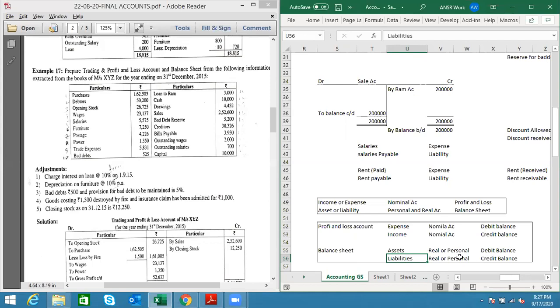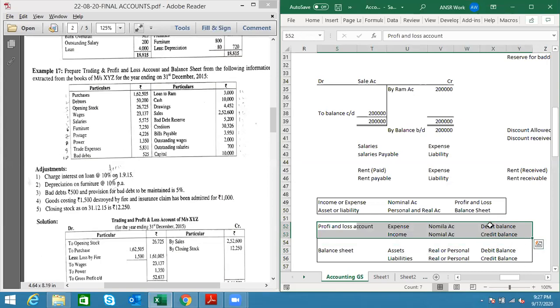This is representing all the items that come in the profit and loss account, including tax. Whatever item is posted in the profit and loss account will be either an expense or an income. Income tax is an expense, and that expense will definitely be a nominal account, whether it's an expense or income.